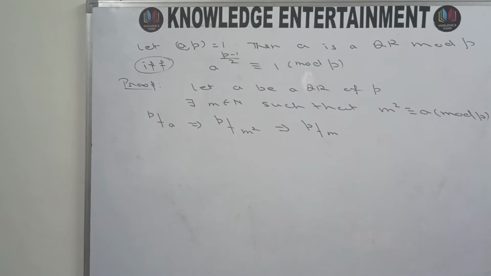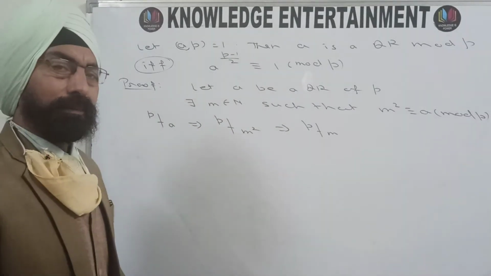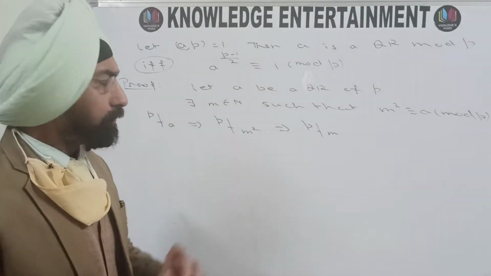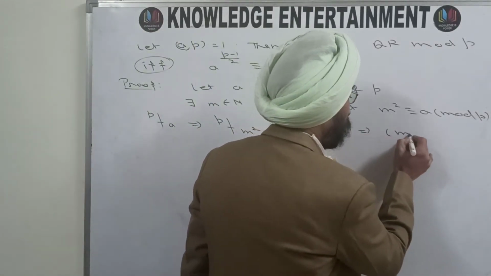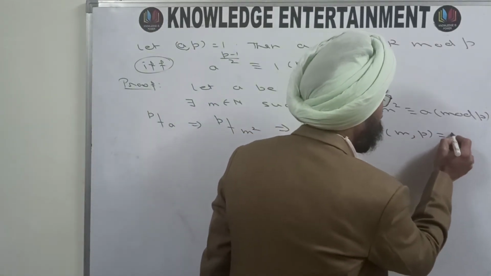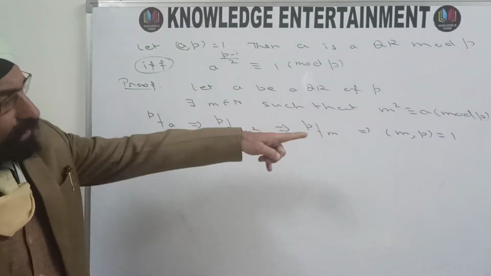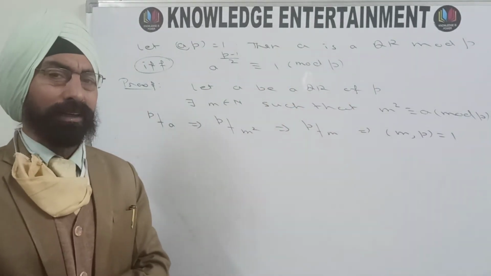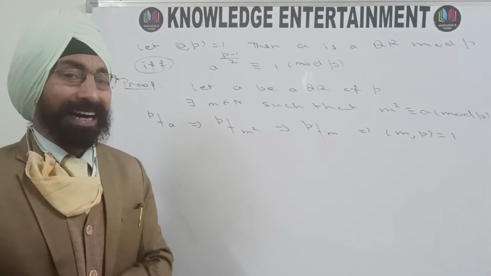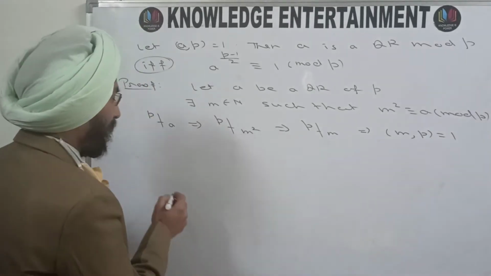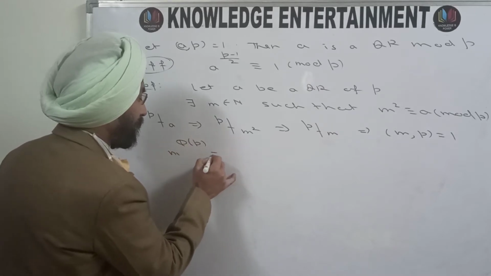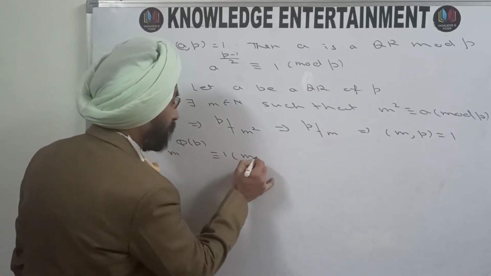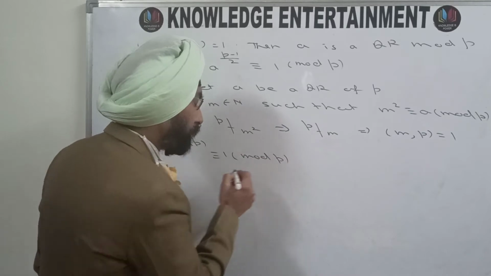Since p is an odd prime and p does not divide m, GCD of m and p is 1. And if GCD of m and p is 1, by Euler's Fermat theorem, we have m raised to the power phi(p) is congruent to 1 modulo p.